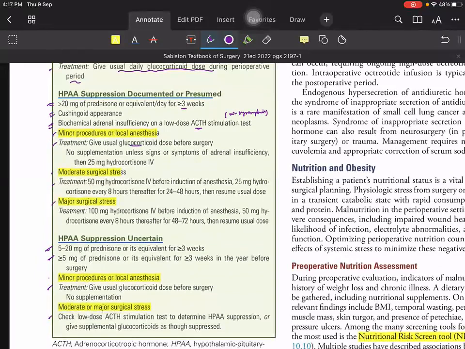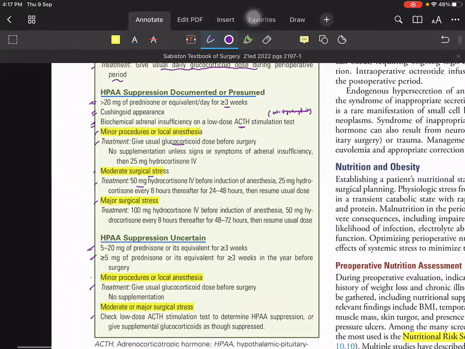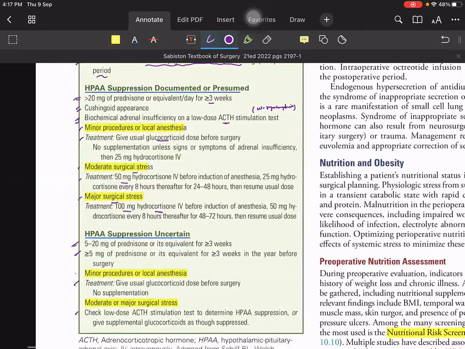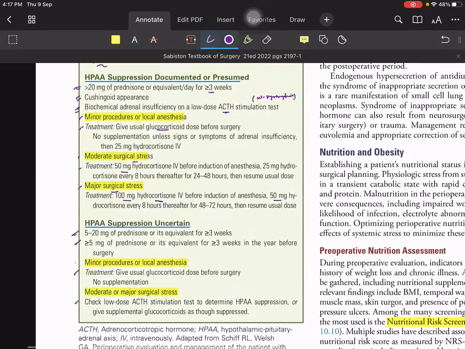For moderate surgical stress, for a moderate surgery, you have to give 50 milligram of hydrocortisone IV before anesthesia, then 25 milligram hydrocortisone every 8 hours, then the usual dose. For major surgical stress, you have to give 100 milligram of hydrocortisone, and then 50 milligram hydrocortisone every 8 hours thereafter. Just remember these terms.